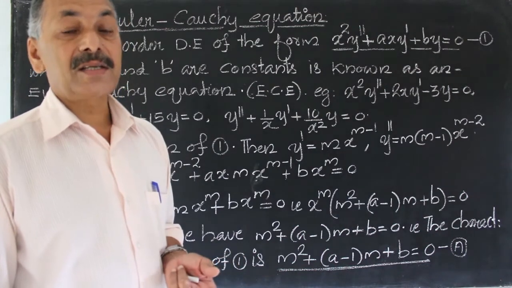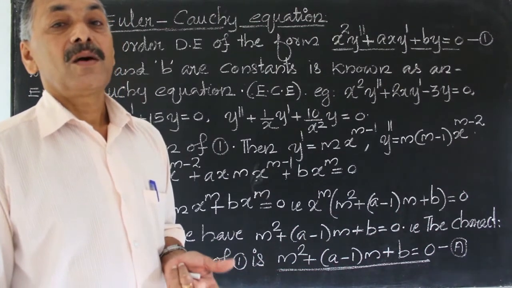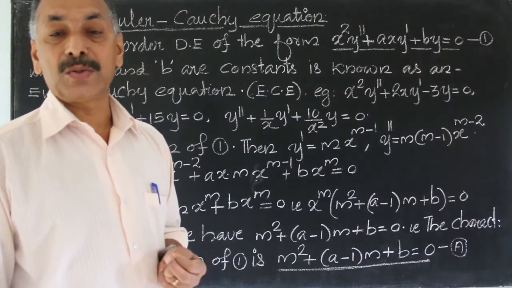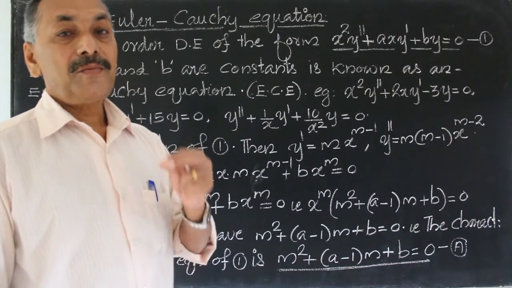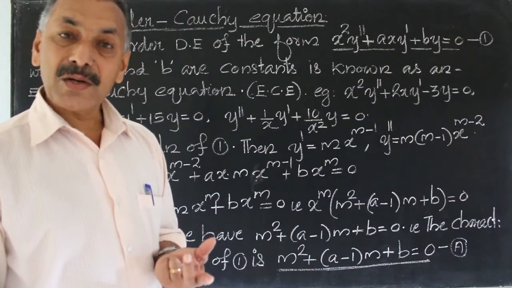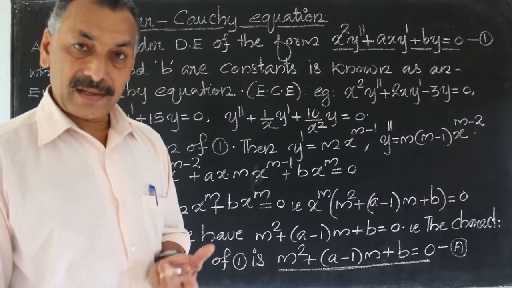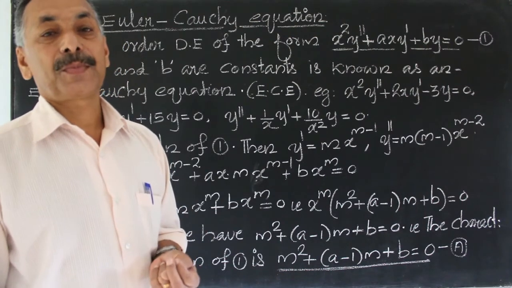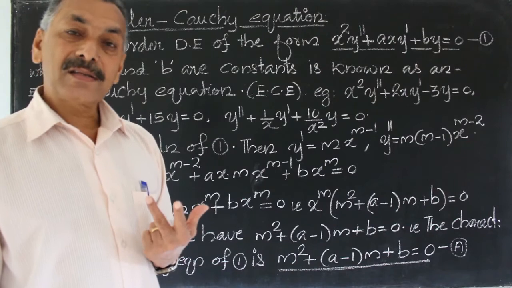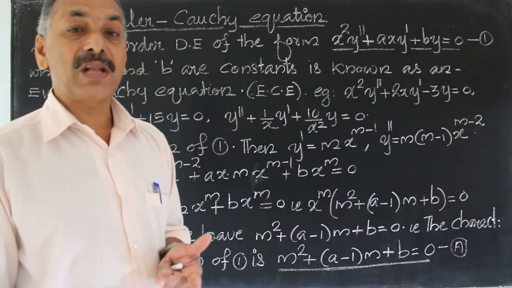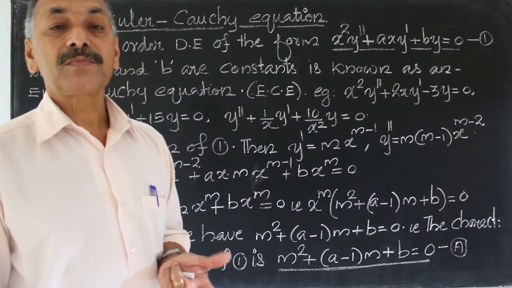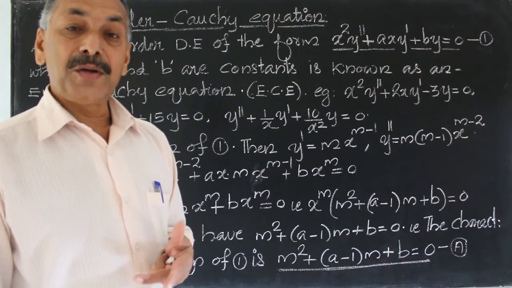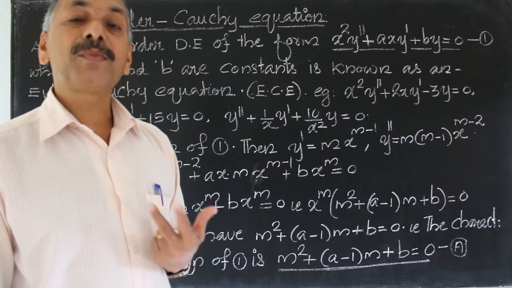The characteristic or auxiliary equation is lambda squared + a lambda + b = 0. From it we get the characteristic roots. If there exist distinct characteristic roots lambda 1 and lambda 2, then y1 = e^(lambda 1 x) and y2 = e^(lambda 2 x) form a basis of solutions.